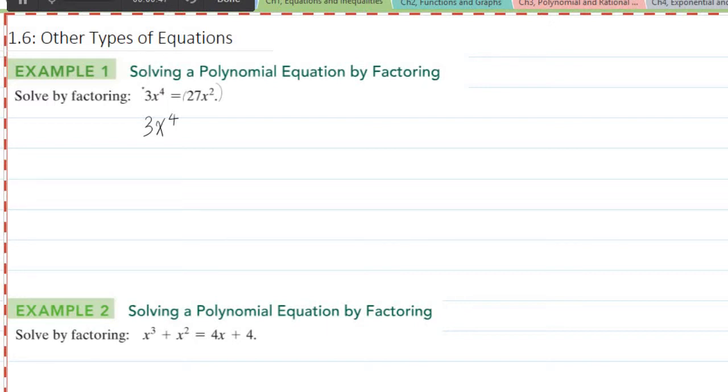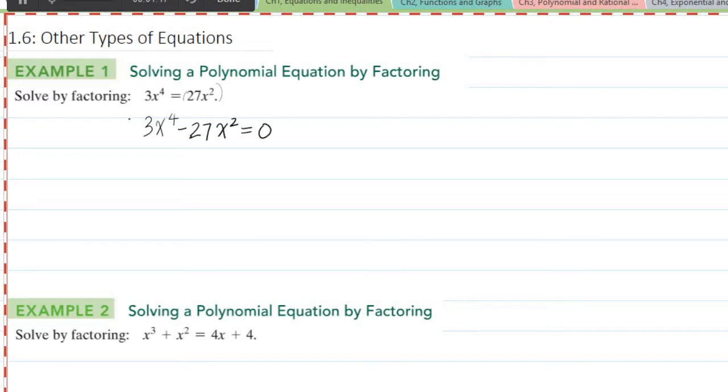I mentioned this before: all you have to do is change the sign. That will be subtract 27x squared, then equal to 0. You could also just subtract 27x squared from both sides and end up with the same thing. It's a shortcut: if you want to move something to the other side of the equation, you can just change the sign, so positive becomes negative.